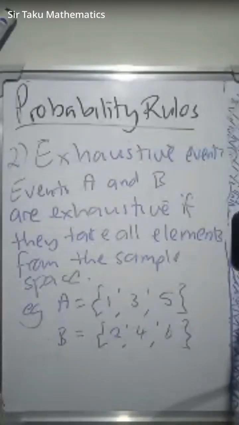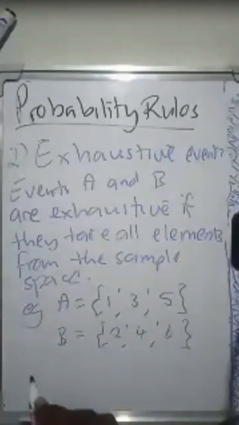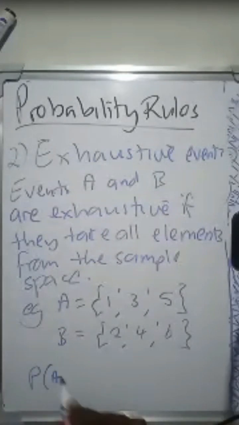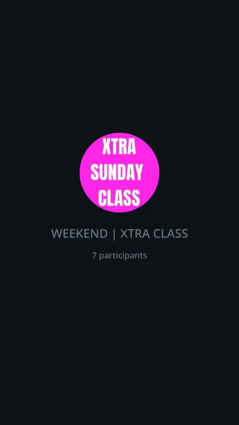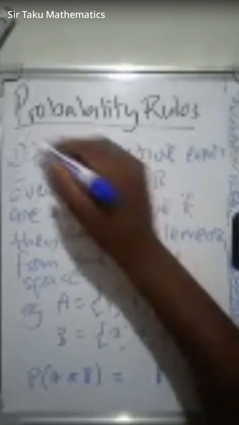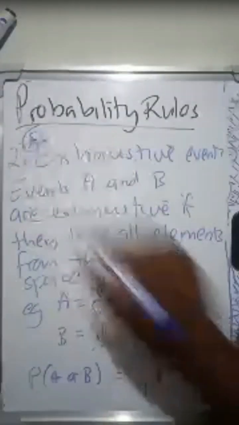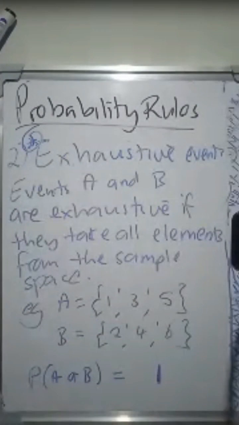Therefore, for exhaustive events, probability of A or B is equal to 1. Okay? On a question, if they say A and B are exhaustive events, just know that the probability of their union is equal to what? 1.